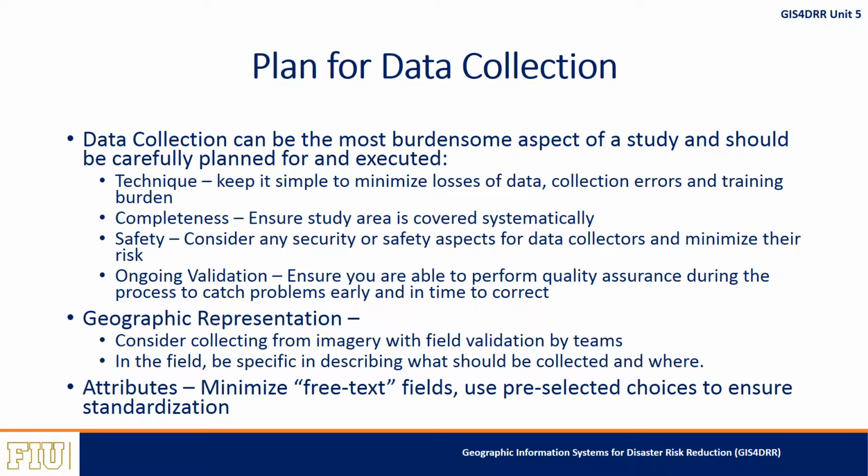As we mentioned earlier, consider opportunities to collect what you can from imagery with heads-up digitizing and maybe tracing buildings and roads and things like that to minimize the burden of the field validation team. So maybe they go out and they don't have to collect a GPS point. They can just attach what they collect to a structure that's already in the database.